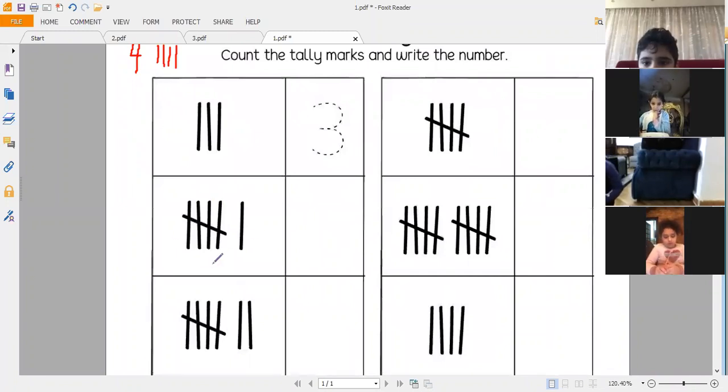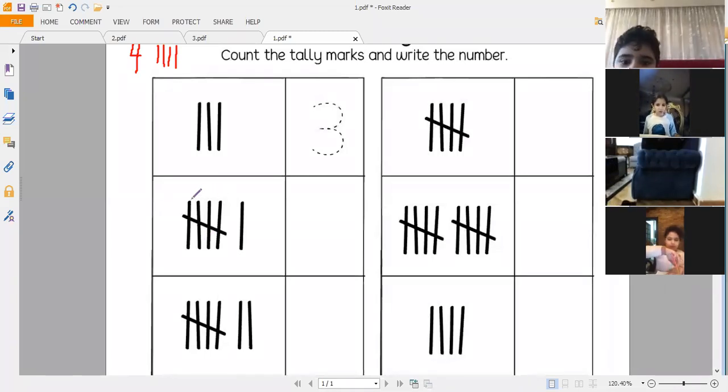So I asked you to answer this question. How many tally marks here? Which number is this? 1, 2, 3, 4, 5? 5 only?